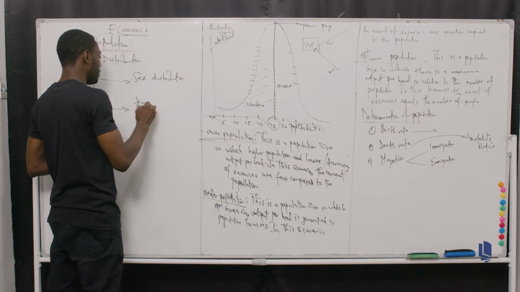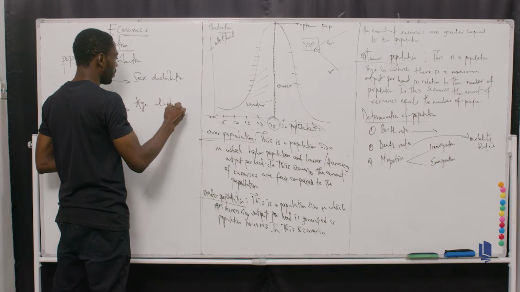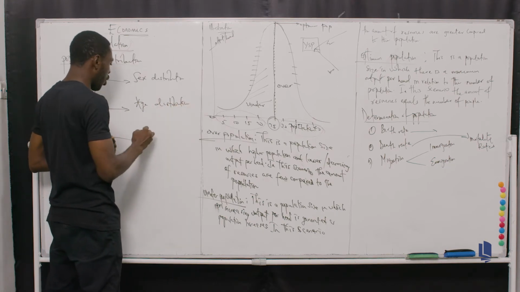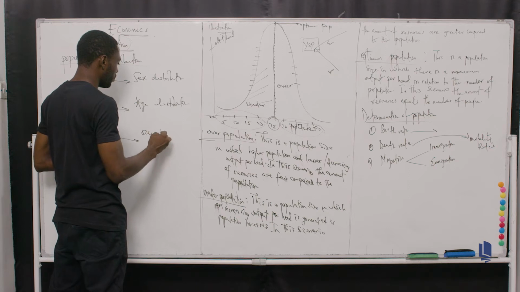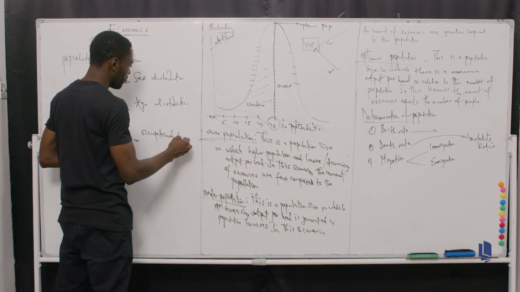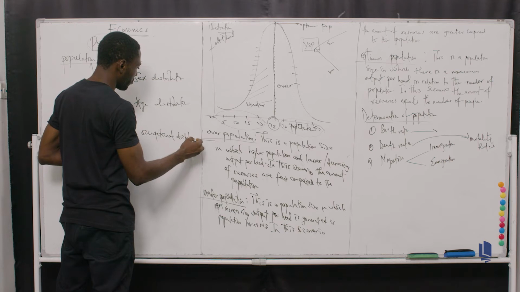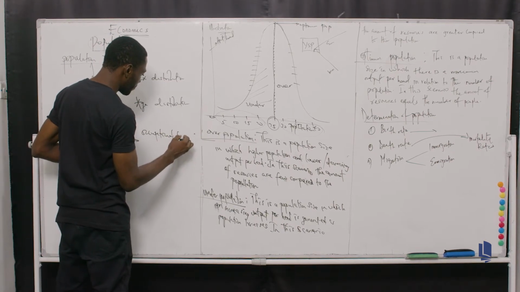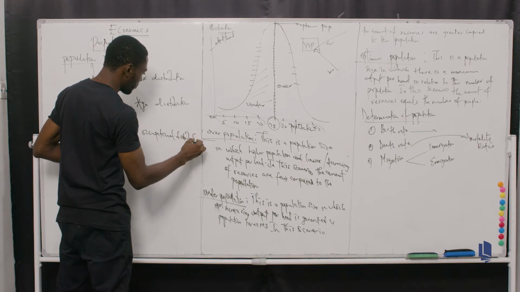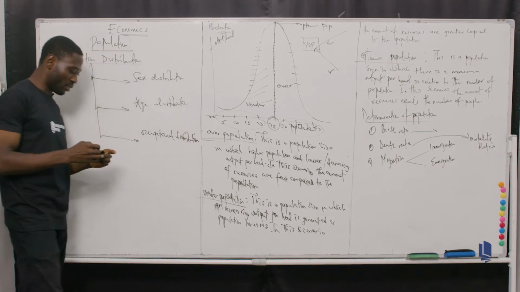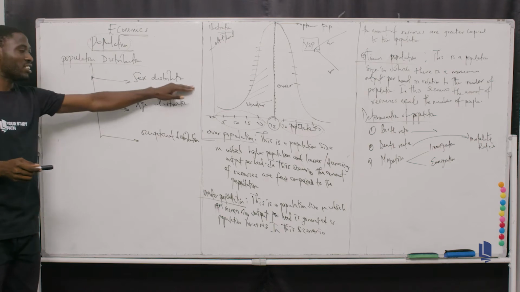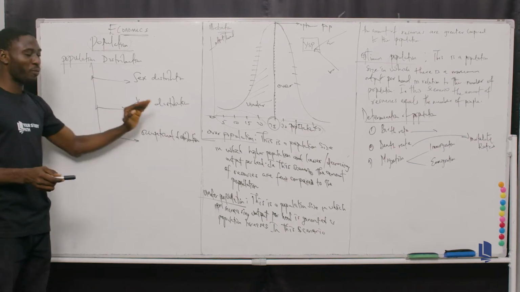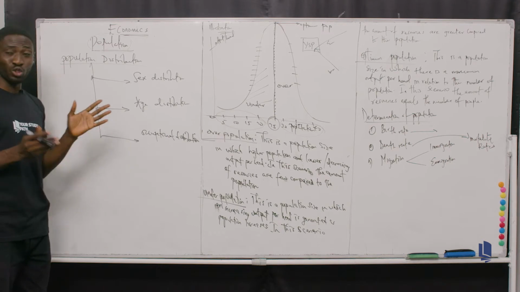Two, the age distribution. Three, what we call occupational distribution. Let me repeat myself. One, sex distribution. Two, age distribution. Three, occupational distribution.